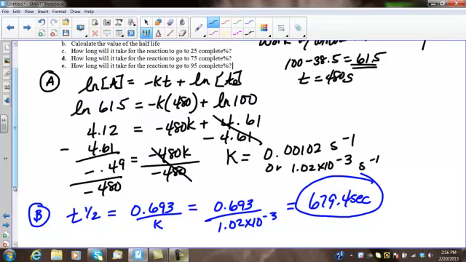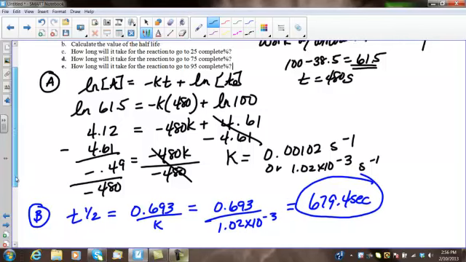Moving along to C, D, and E. C, D, and E are solved exactly the same way, but you have different percent completion. Remember, we're not solving for the percent complete, but for the percent remaining. How long will it take for the reaction to go to 25% complete?